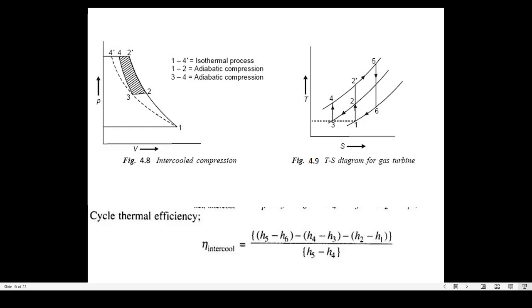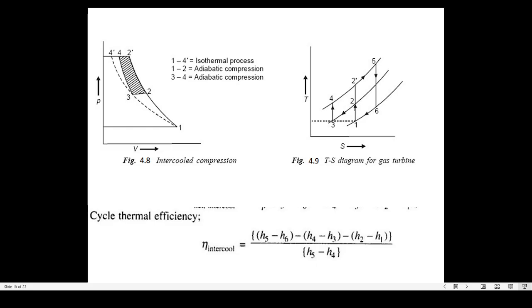So cooling of the air in the intercooler is an isobaric process, a constant pressure process. I would like to also draw your attention that the temperature T1 is nothing but the temperature of the air entering the low pressure compressor, and the temperature at point 3, T3, is nothing but the temperature of the air after the intercooler, or before it enters the second stage compression, the high pressure compressor.